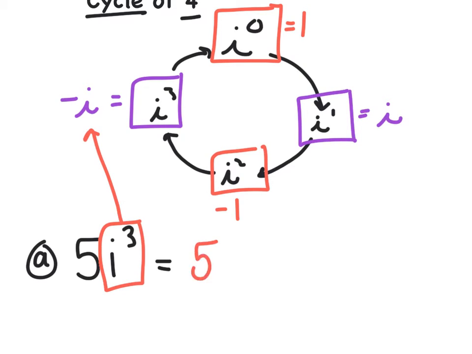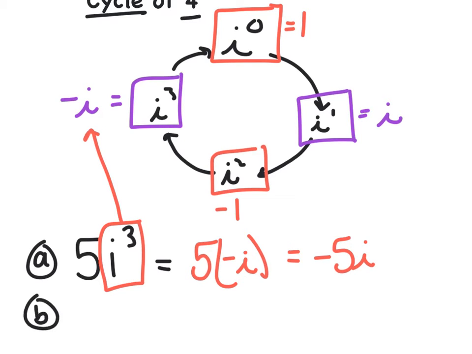So this is really 5 times negative i. So this answer is negative 5i. What if we said 3i squared? Well, we'll have to know that that means 3 times negative 1. i squared is equivalent to negative 1, which is equal to negative 3.